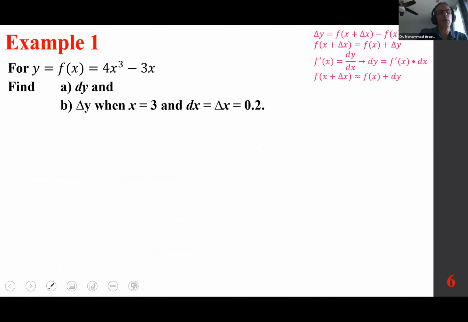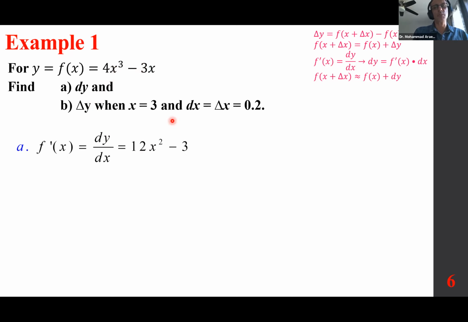So here's an example. We want to find dy and delta y. To find dy, you have to go with f prime of x first, because dy is f prime of x times dx. So f prime of x clearly is 12x squared minus 3.